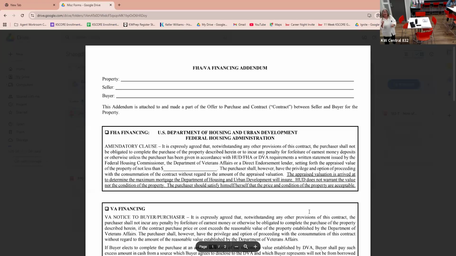Make sure the property, the seller, and the buyer are identified on there. If it's FHA, then you would check the FHA box, and in that blank line you would put what the purchase price is, because with an FHA or VA loan, if the property does not appraise, then the buyer is entitled to any earnest monies back.